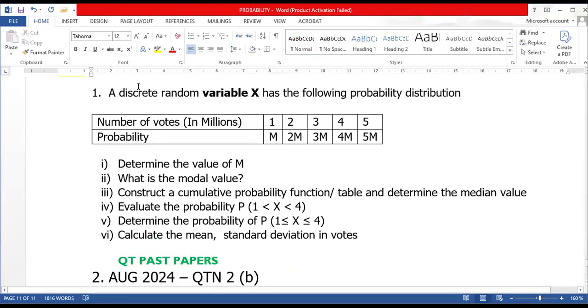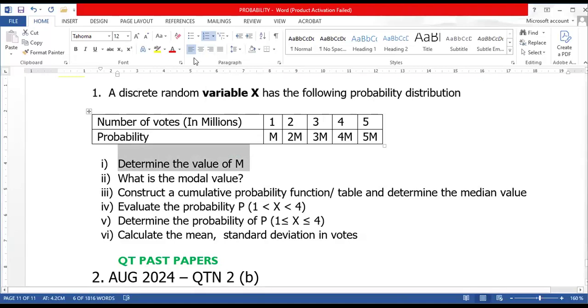So when you look at this question, they are telling us that a discrete random variable x has the following probability distribution. In part A, we are told to determine the value of m. How do you determine the value of m? This is what we are going to do.